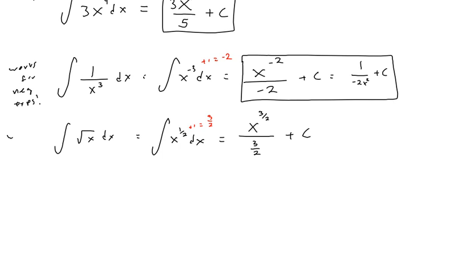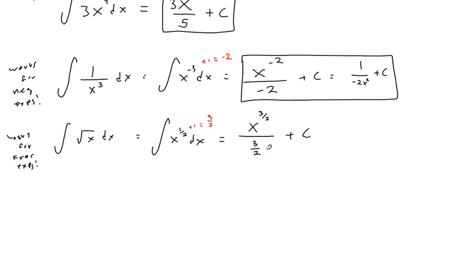Works for fractions too. Works for negative exponents, works for fractional exponents. Of course, I don't really like dividing by 3/2. So again, when I have a fraction on the bottom, I do a little flip-a-do.